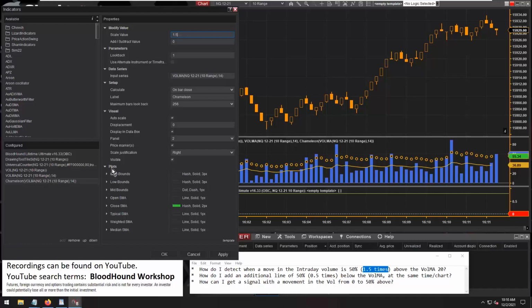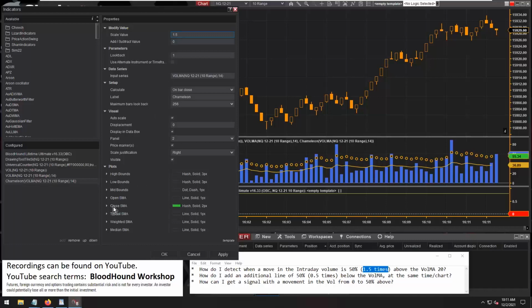Now, if we look down in the plots here, the only plot that is basically visible is the close; all the other plots are set to transparent, so we don't see them. It's called the closing SMA, which I'll skip over just for the sake of time. The reason why we're only using the close is because we've changed the input series.